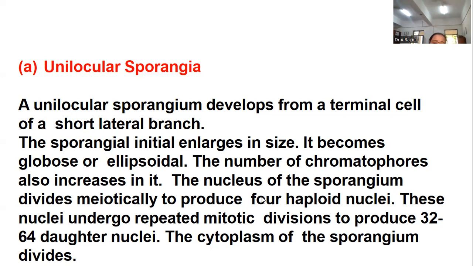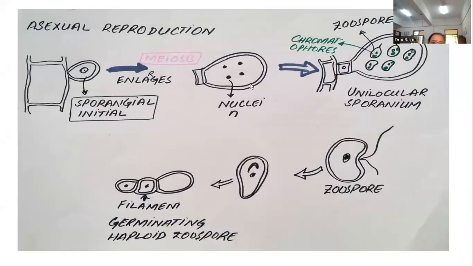This is the cytoplasmic sporangium. See, this is how the filament bears unilocular sporangia. This is a terminal cell producing the sporangial initial and nucleus, meiotic division. After that, the filaments form zoospores like this, in unilocular sporangia.